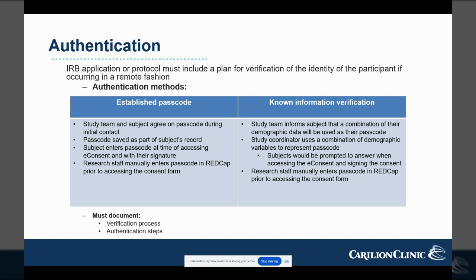Known information verification is number two. The study team uses a combination of demographic data as the passcode. The subject confirms this information when accessing and signing the consent. You must document the verification process and the steps.